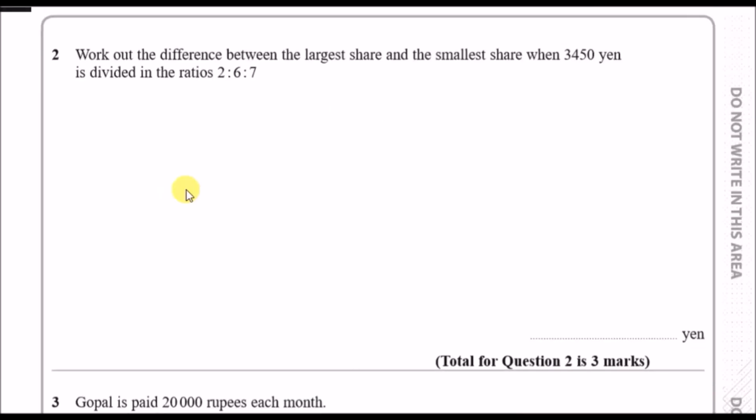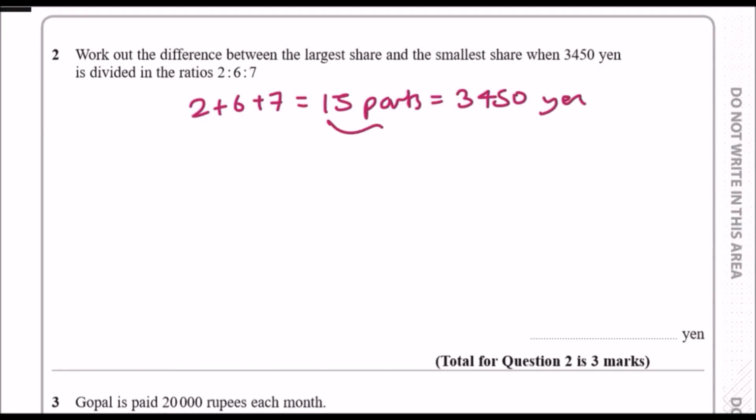Alright, question 2. Work out the difference between the largest share and the smallest share when 3,450 yen is divided into these ratios. So it tells us firstly that we have a total amount, and this is every single part possible. When it comes to certain ratio questions like these, we should add up the ratios firstly. This will give us the equivalent number of parts, which is 15, which should equal the total money, which makes sense because the money is being divided into these many parts.